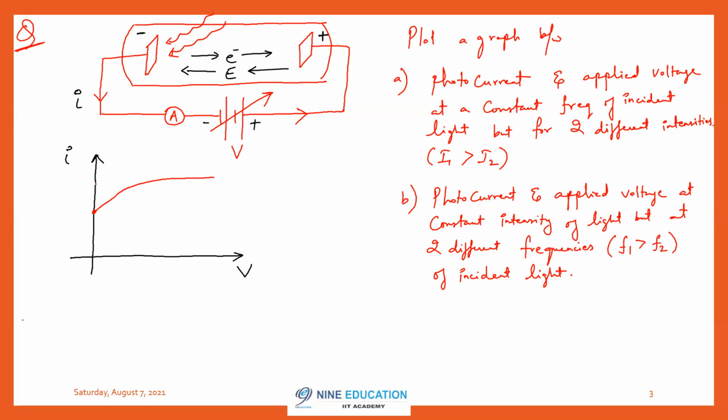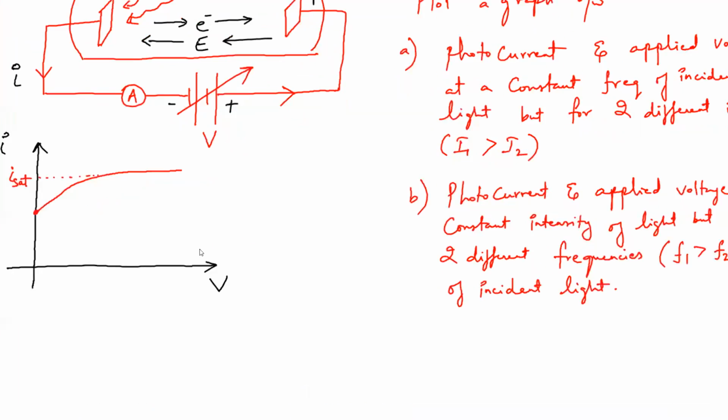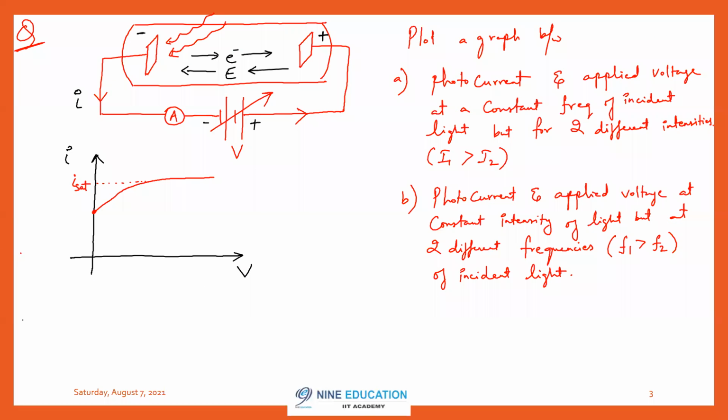Like this. So this is the saturation value of the current, I sat. That is, if you further increase the voltage, current will not increase. Current has reached its maximum. Got it?